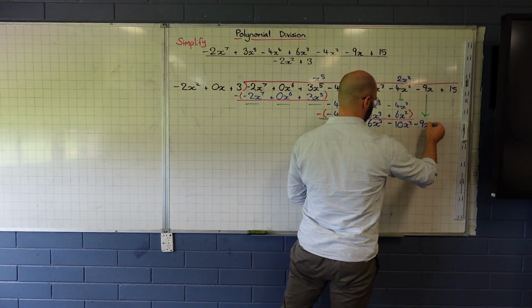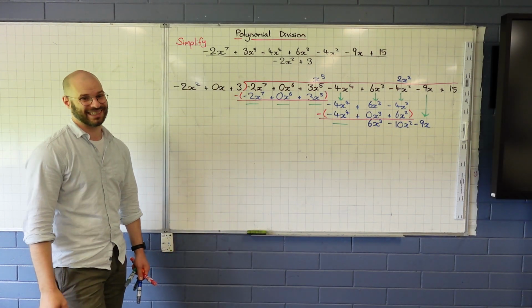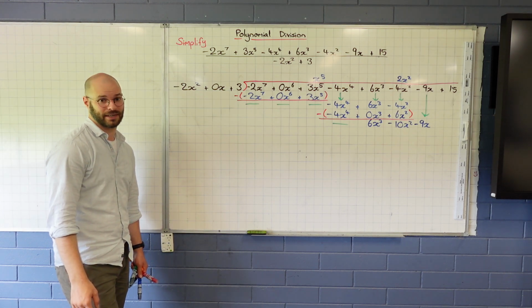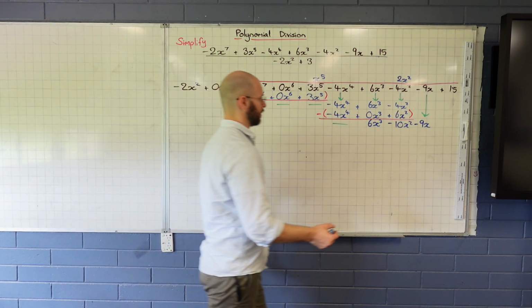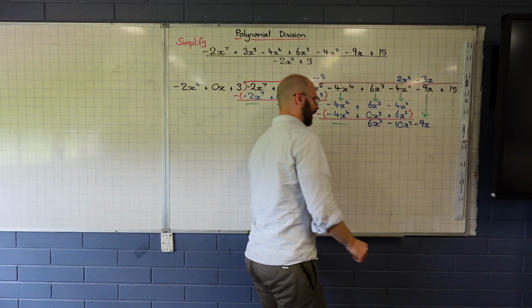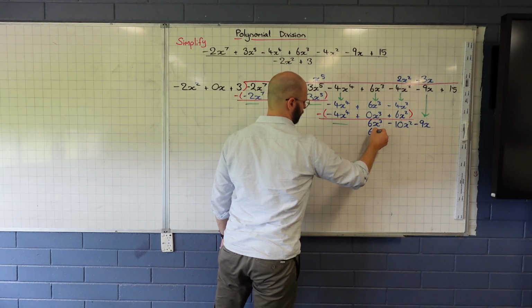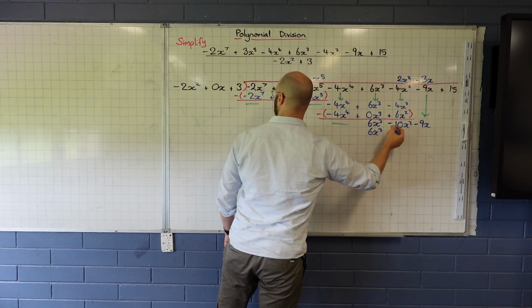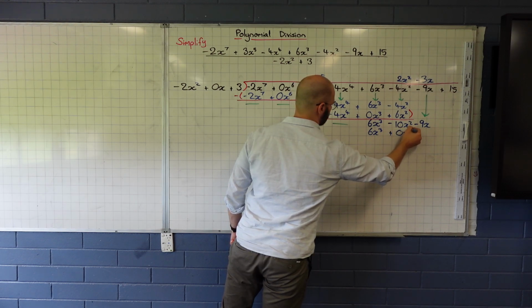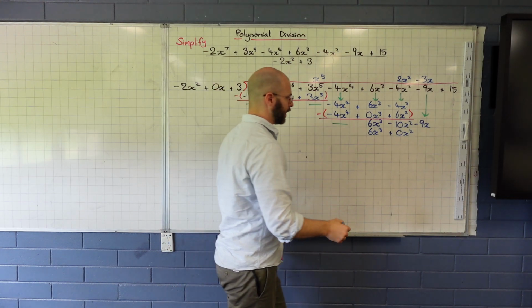Second last step. How do I turn a minus 2x squared into a 6x cubed? I multiply it by negative 3x. Carrying this out, these are going to become the same. Next one's always going to be 0. And then the final one, 3 times minus 3x is minus 9x.